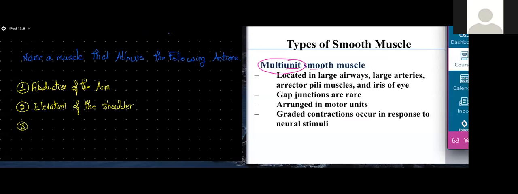Third, abduction of the thigh, or let's say adduction of the thigh. Or let's say abduction of the wrist joint of the hand.